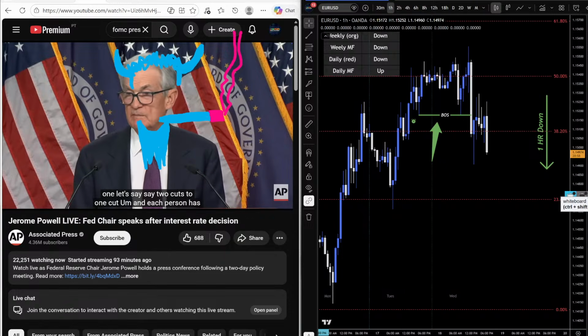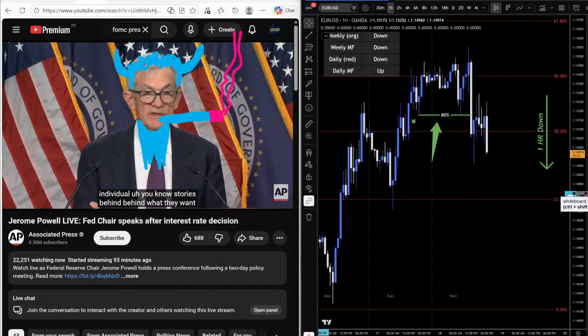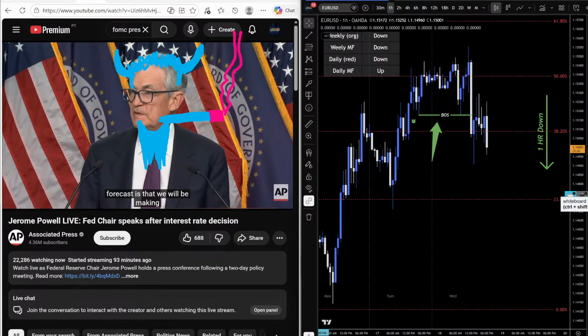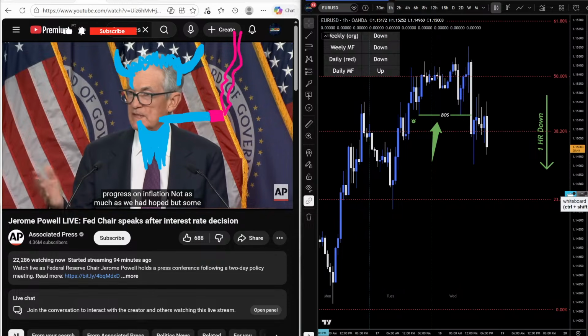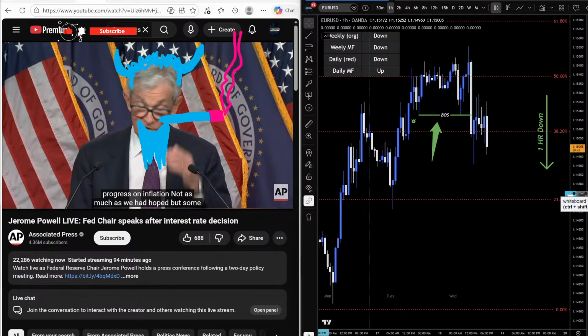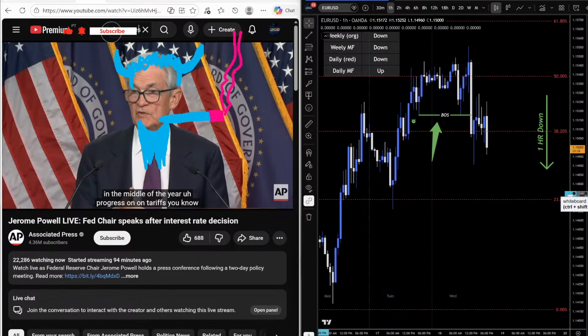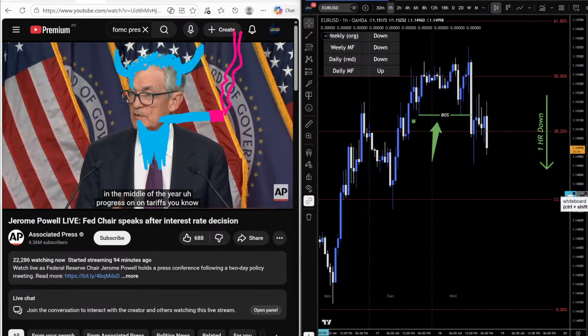But essentially the forecast is that we will be making progress on inflation, not as much as we had hoped, but some progress. It should come as we start to see, in the middle of the year, progress on tariffs going through once and then tariff inflation coming down. We should be seeing that. And the rate forecast is conditional on the performance of the economy. So if we don't see that progress, then you won't see the rate cut.